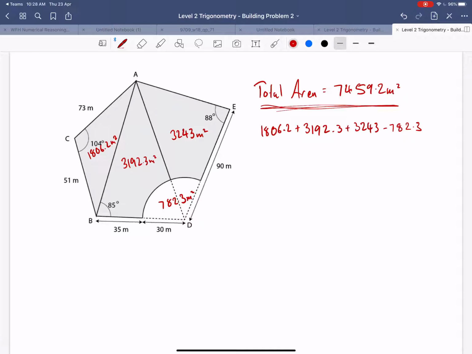And that would be equivalent to a merit level answer.